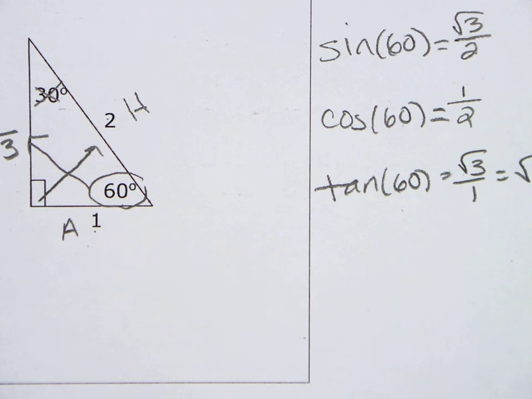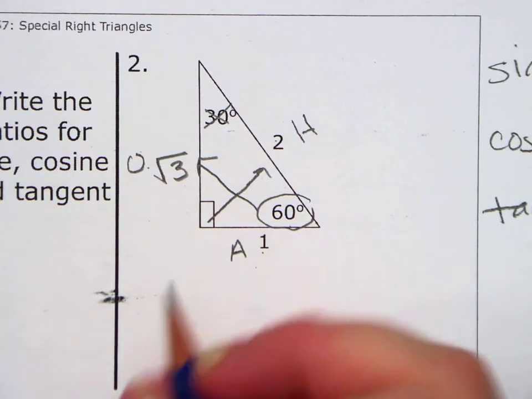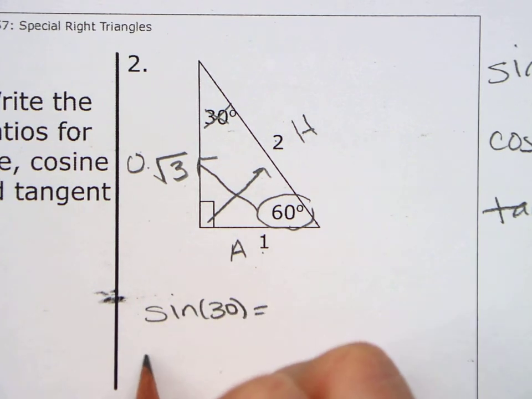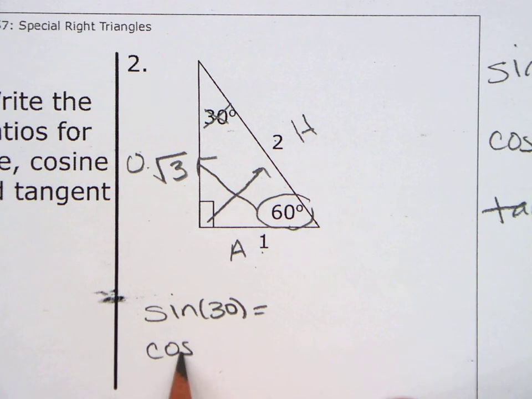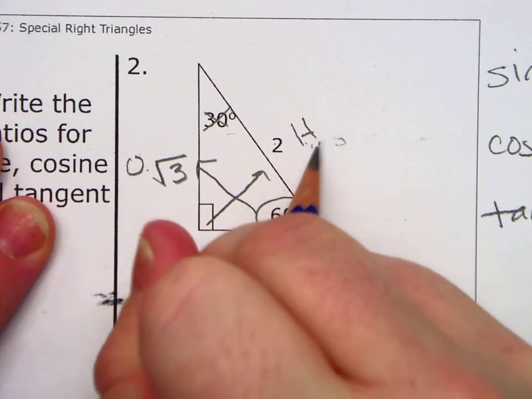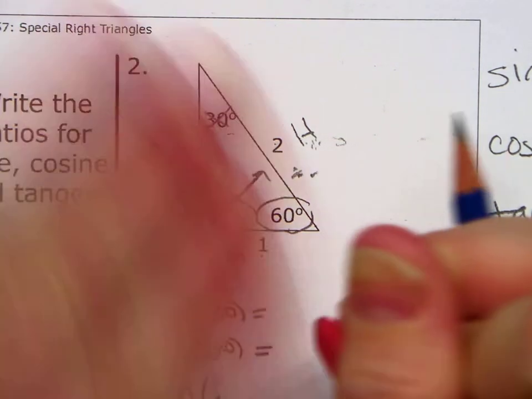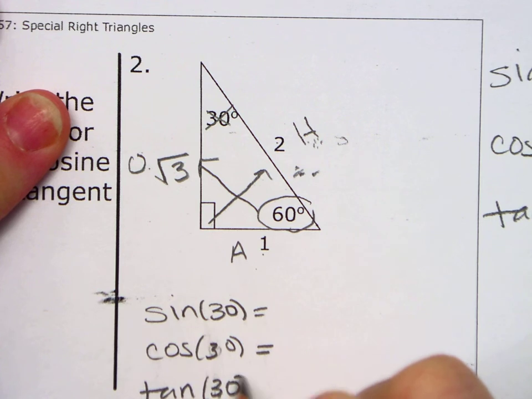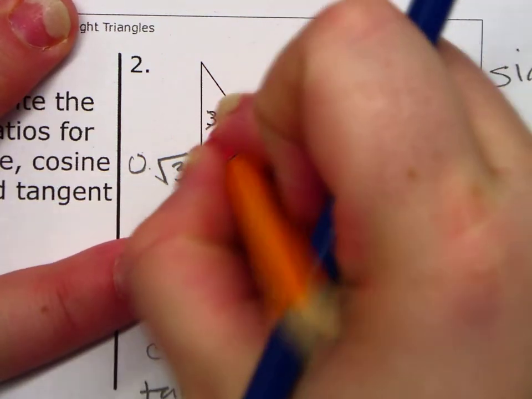Now we're going to do the 30. So what happens when we do 30? What do we have to do to our triangle that we just labeled? We have to fix it. What changes? Opposite and adjacent end up switching because we're not labeling from the 60 anymore.